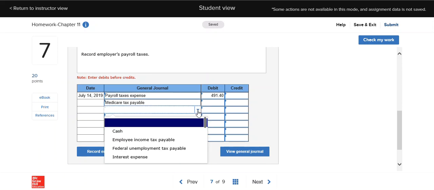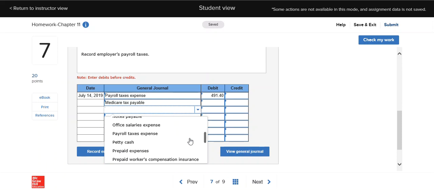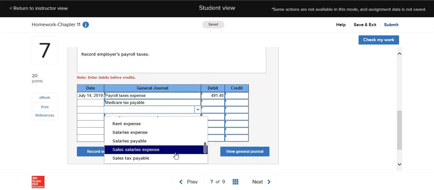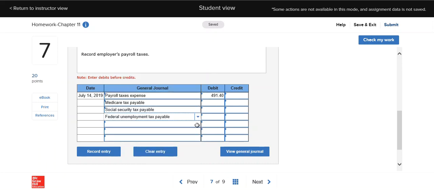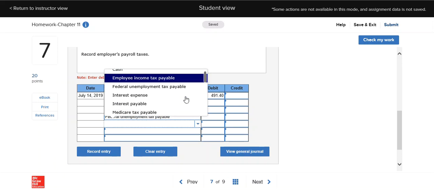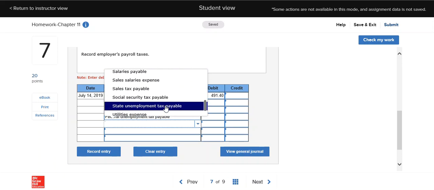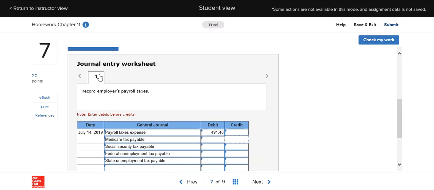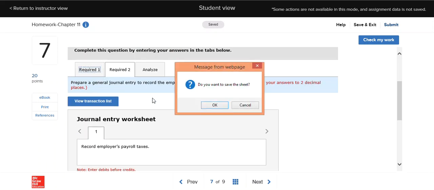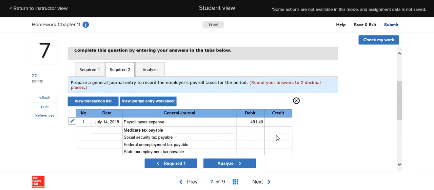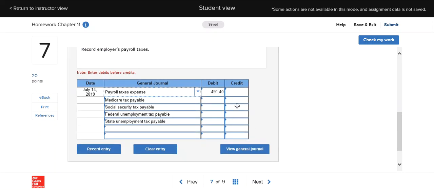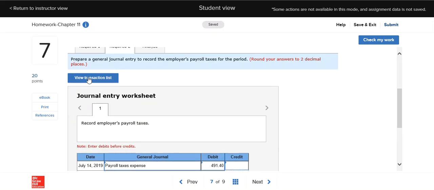So Medicare, Social Security, federal unemployment and state unemployment. And those should be our credits, so I do want to save. So Social Security $223.20. Medicare.